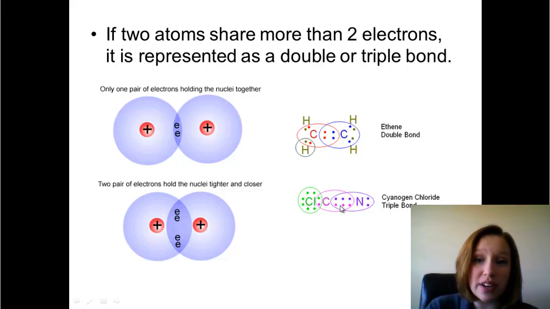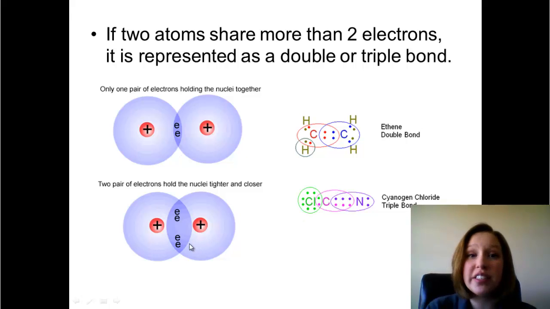But we also can have a triple bond, and that's where we're sharing 6 electrons, or 3 pairs between them, in order to complete their outer shell. Now, we don't just make double and triple bonds just for fun. Again, it's so that we can complete that outer shell and have the perfect number of valence electrons.